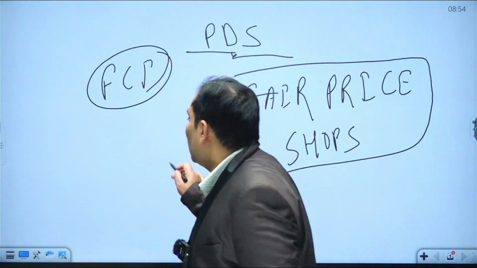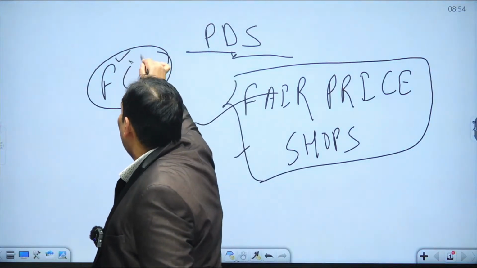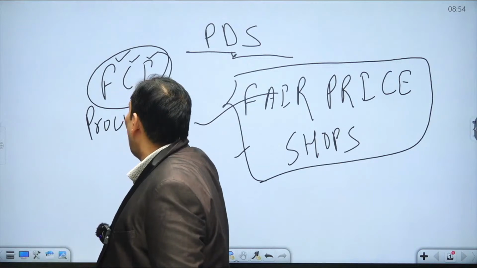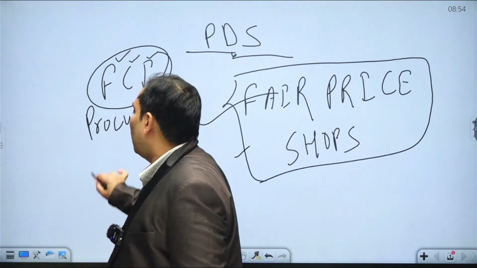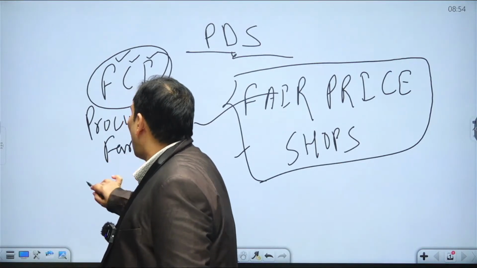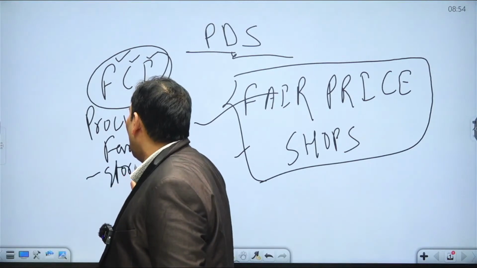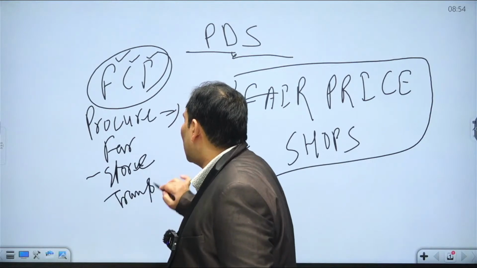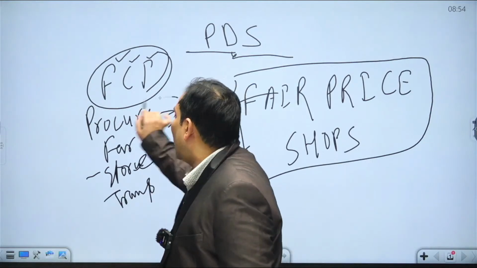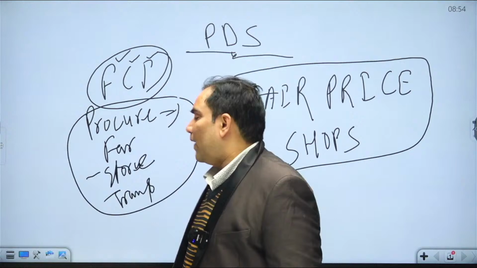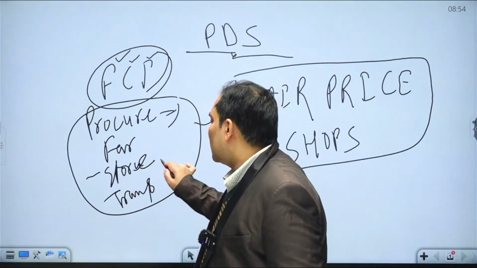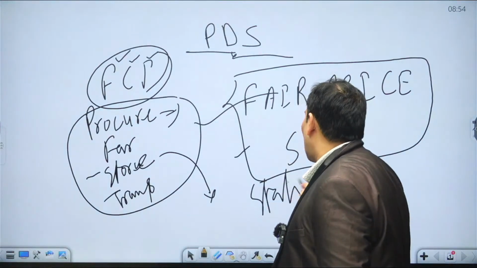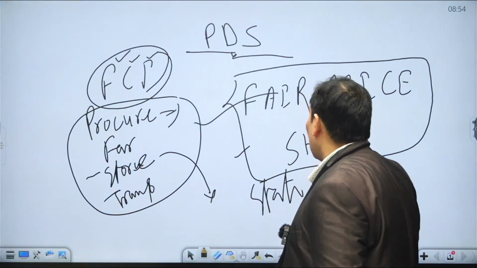That means the Food Corporation of India is the authority that procures the food grains from the farmers, stores the food grains, and is responsible for transporting the food grains to the storage houses of the state government. Please be very clear.